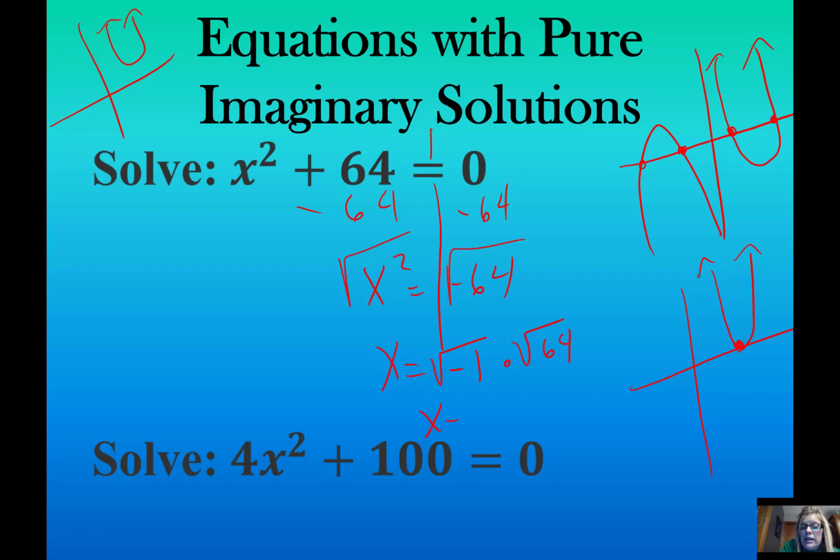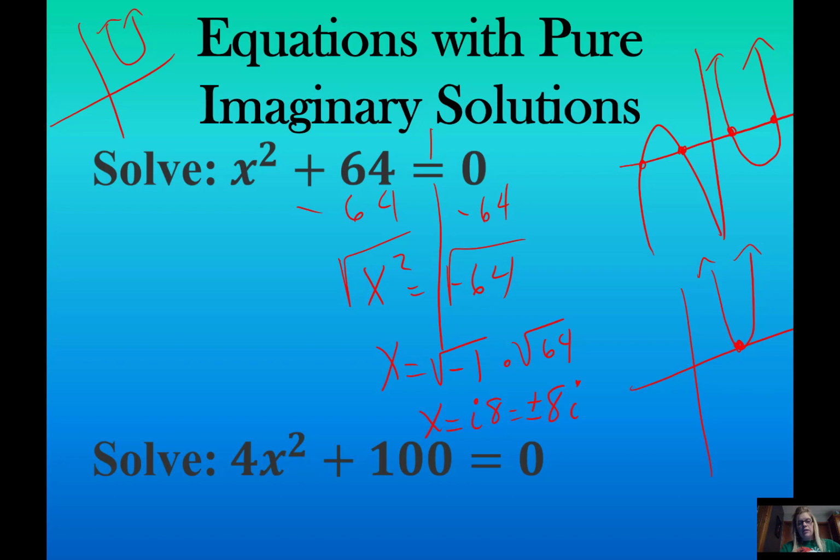So my answer is i, and then radical 64 becomes 8, but we don't go i8. We actually say 8i, and we're going to go a step farther, is we're going to say a positive or a negative 8i. And the reason is, what's 8 times 8? 64. What's -8 times -8? Positive 64. So that's where we get the positive or negative 8i.